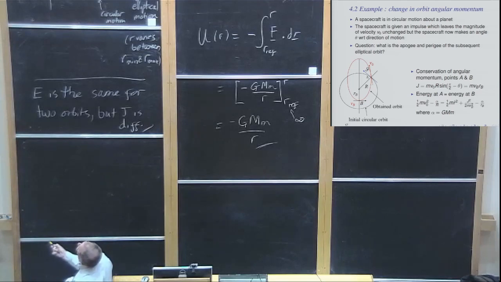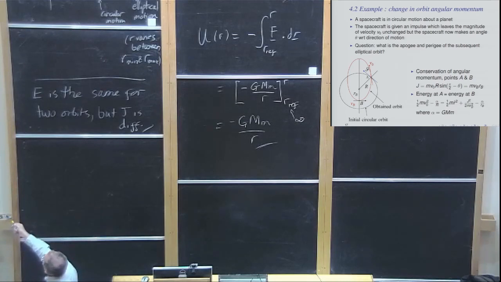So we're asked to find what is the apogee and perigee of the subsequent elliptical orbit. Well, the energy equation. Let me go to this second line first. We know that the energy in this circular orbit is the same as the energy for the subsequent elliptical orbit.